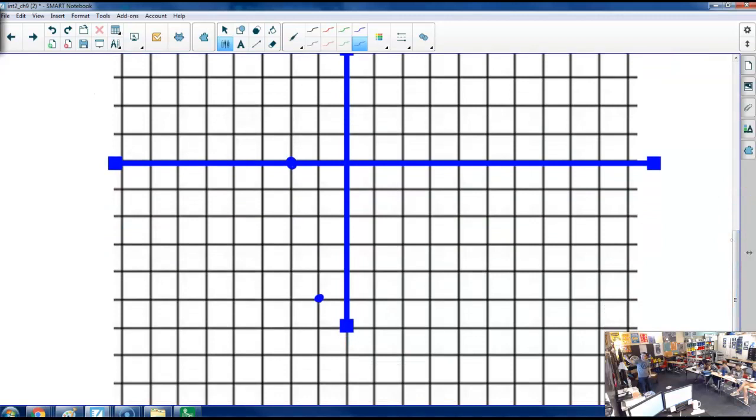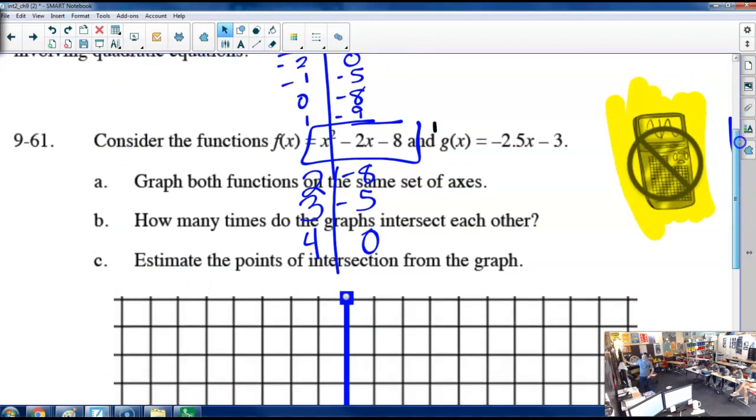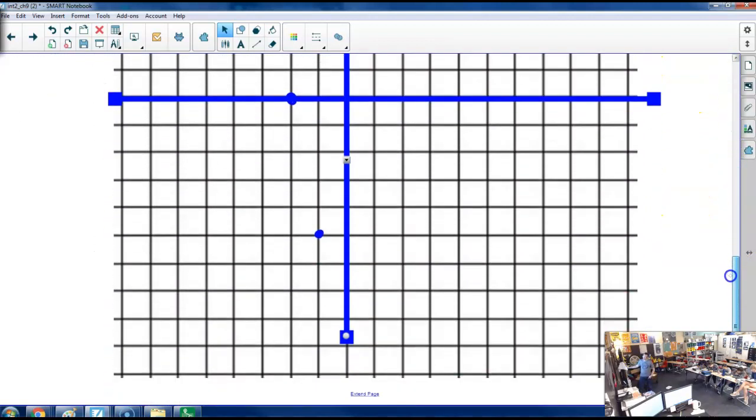Sure. Well, no, not yet. So -2, or -1, -5, 0, -8, 1, -9. The other intersection point will be harder to get because.